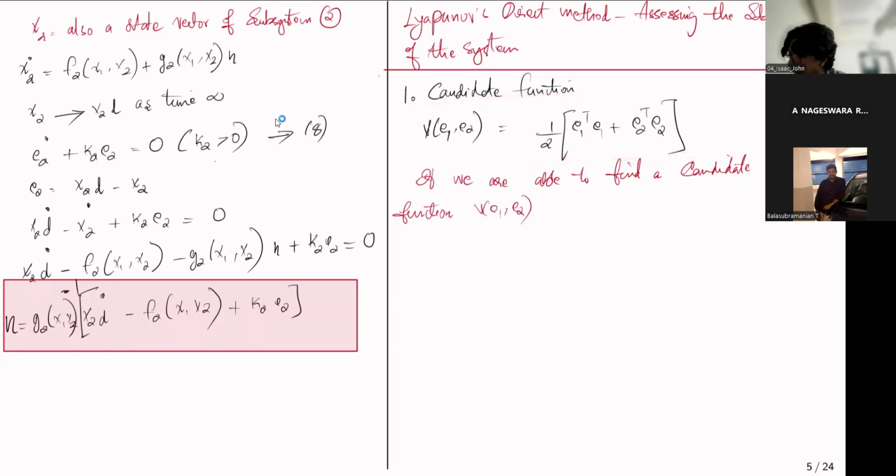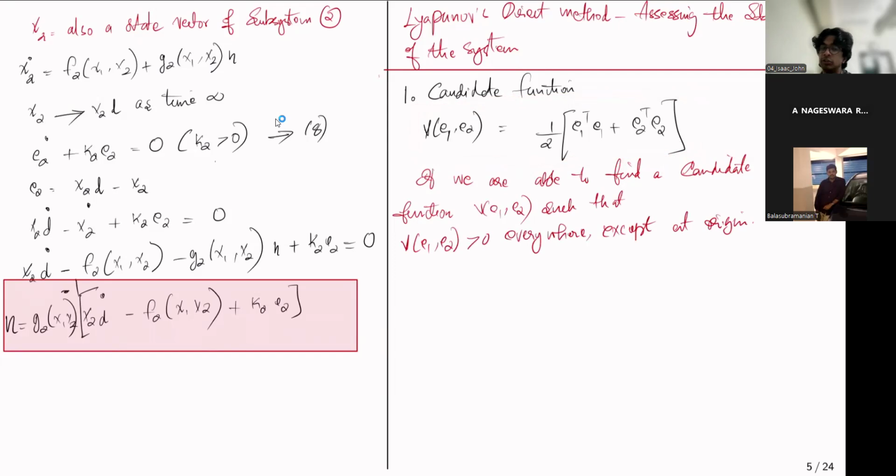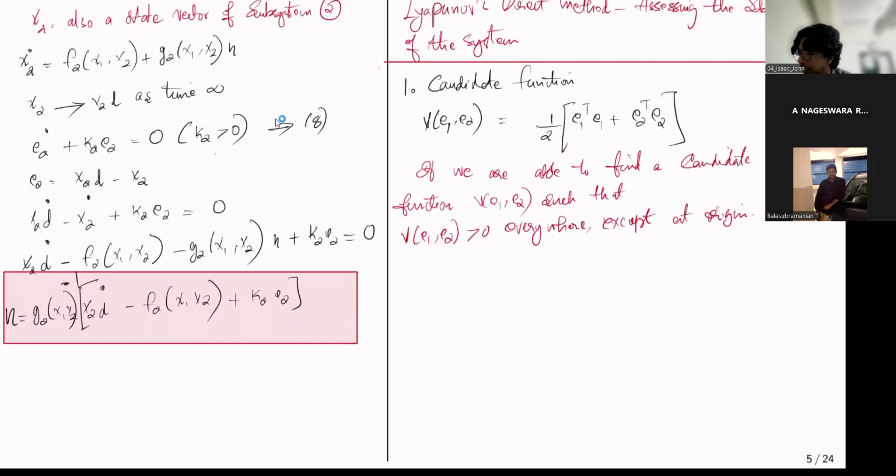We can have any other candidate function, but the condition for the choice is that V of e1, e2 should be greater than 0 everywhere except at the origin, right? Basically any positive definite function would do, but it has to be positive everywhere except at the origin.